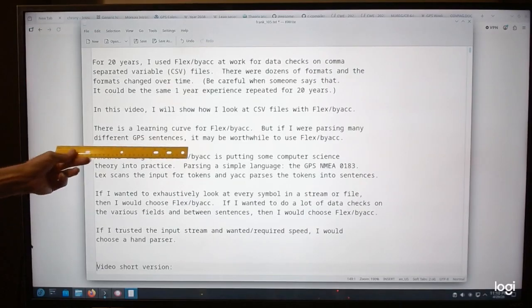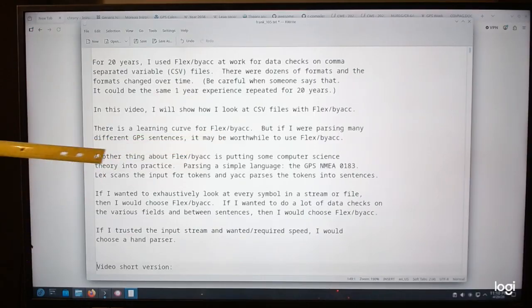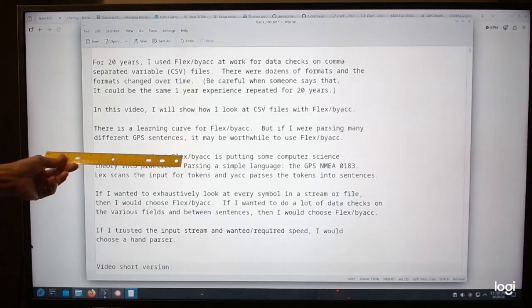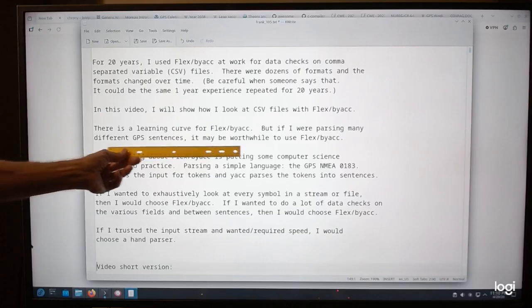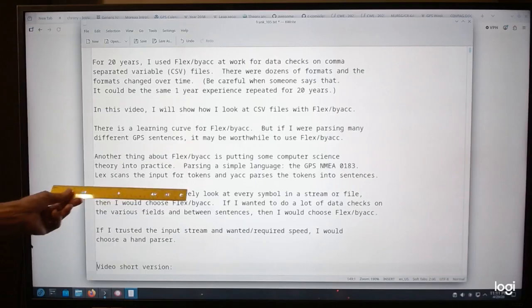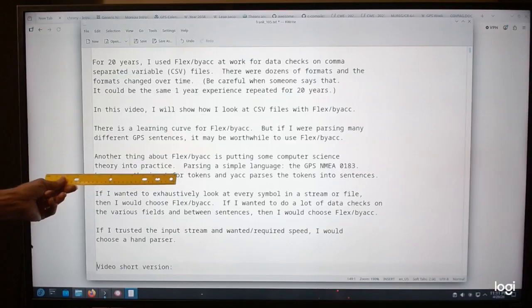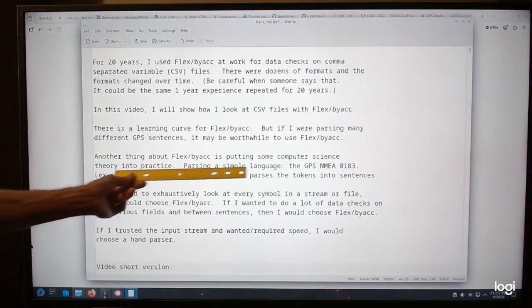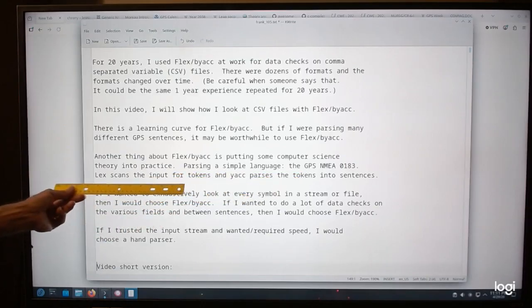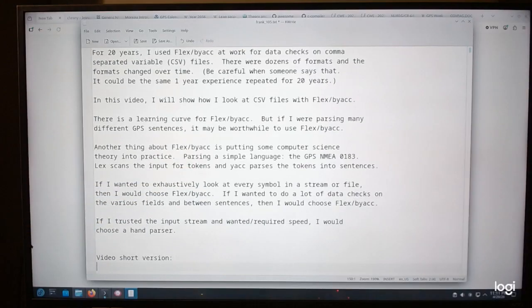There is a learning curve for Lex and YACC, so if I wanted to parse a lot of sentences, it would be worthwhile to take a look at Lex and YACC. Another thing: if you're interested in some computer science, parsing a simple language, those sentences are easy to parse into tokens and recognize grammars.